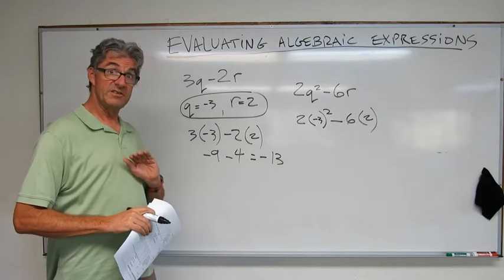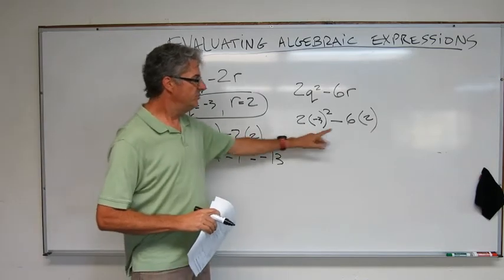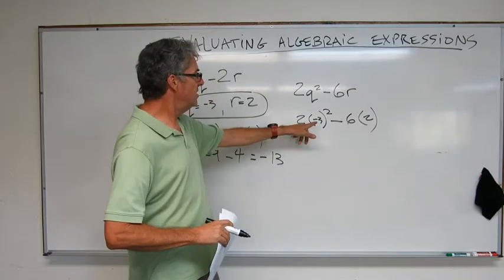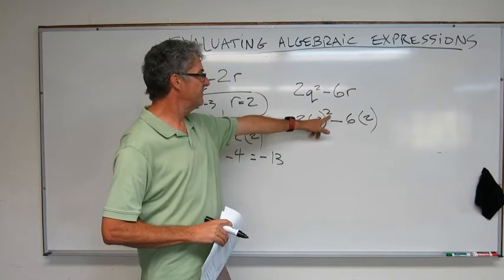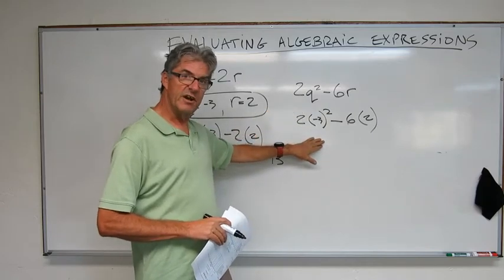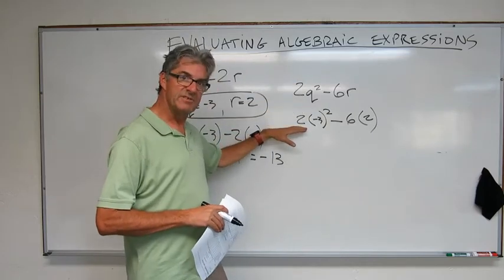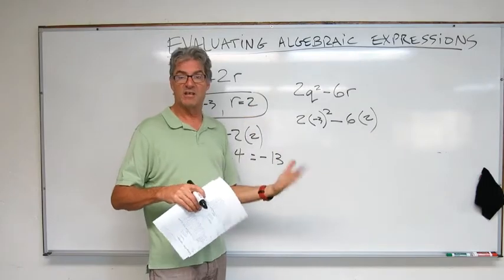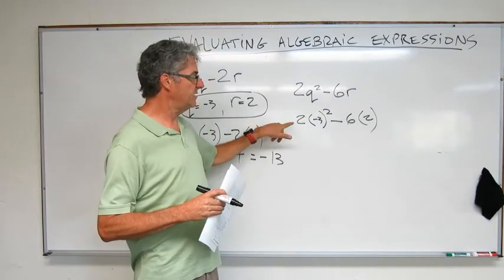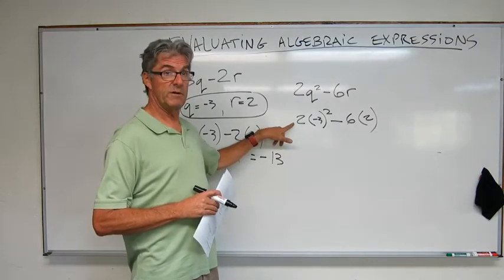And here's a quick little tip. Do this step separate. Some of you might go, well, I know that negative 3 squared is negative 9 multiplied by 2. That gives me negative 18. And you can do that in your head. But if you show more steps and you get partial credit on tests and quizzes, you'll do better, even if you make mistakes. So I think doing the plug-in step is a really important part.